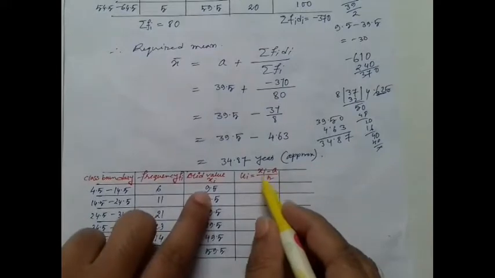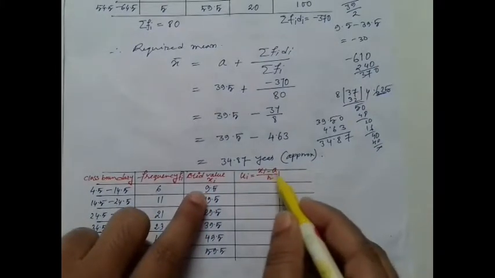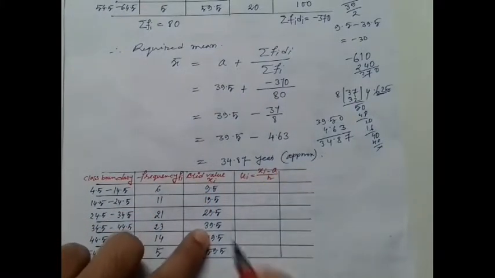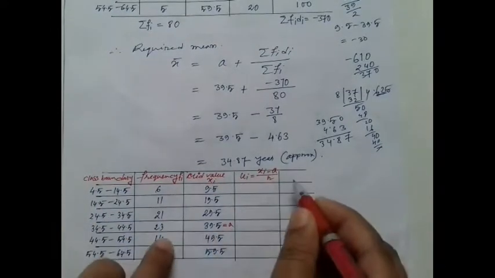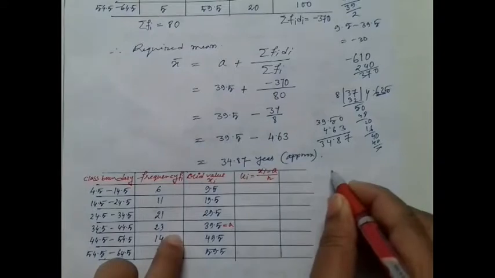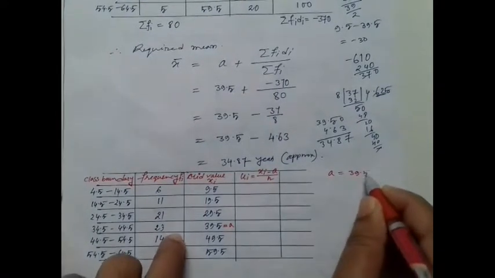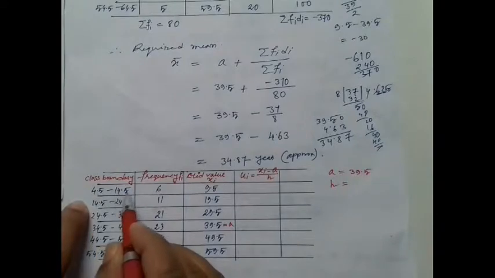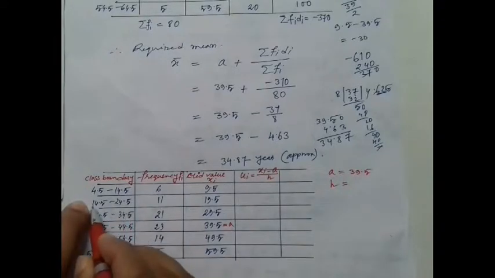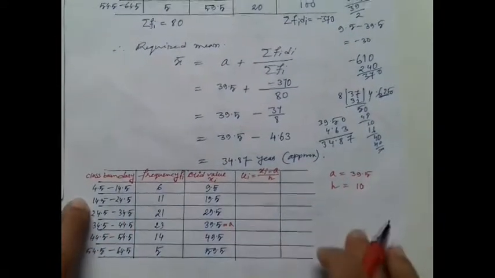In the previous one we considered a as 39.5. Here also we are taking a as 39.5 and h is 10. Here we write a equals 39.5, and h means the class width: 14.5 minus 4.5 or 24.5 minus 14.5, we are getting 10. So class width is 10.